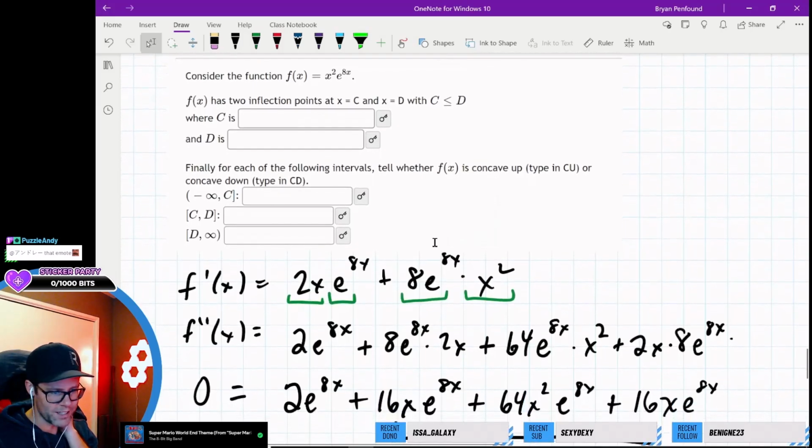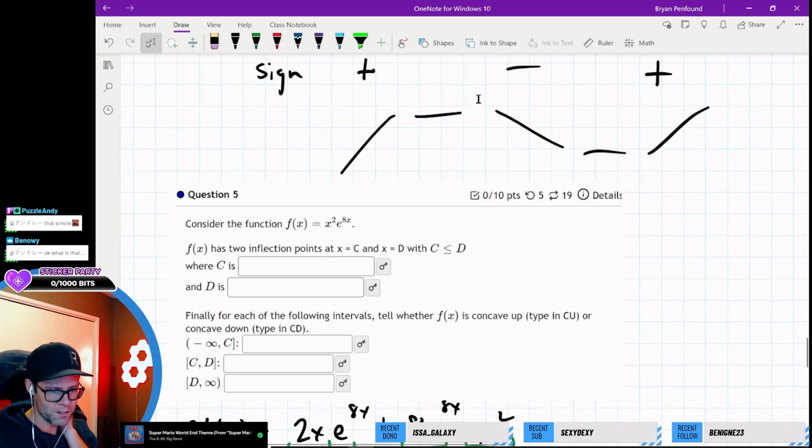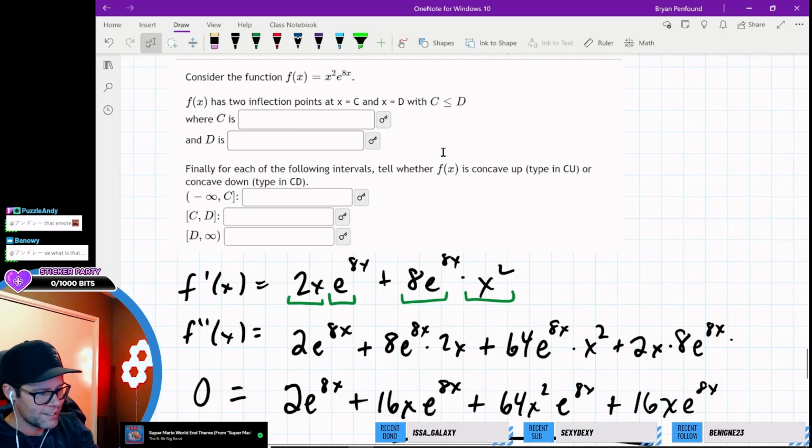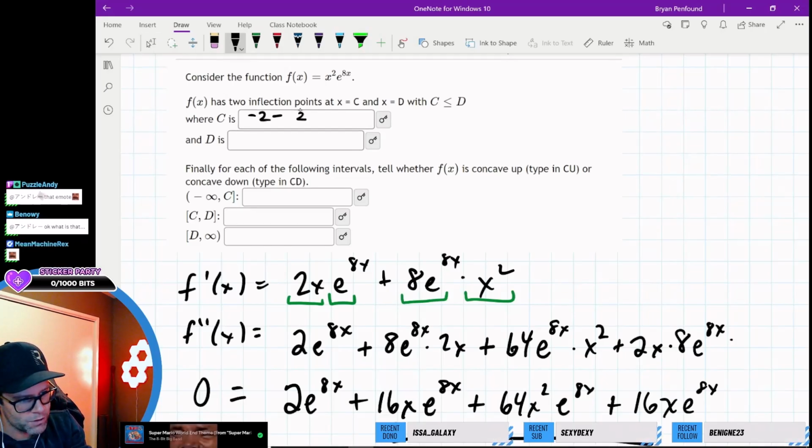I can't see it with just the first derivative analysis, right? Like I can see one particular inflection point here, but where is that other one? That's interesting. All right, so we have the -2 minus root 2 over 8, and then we have the -2 plus root 2 over 8.